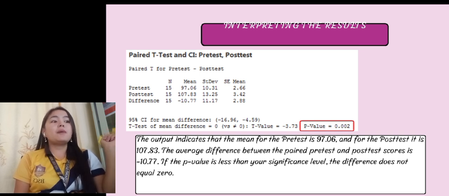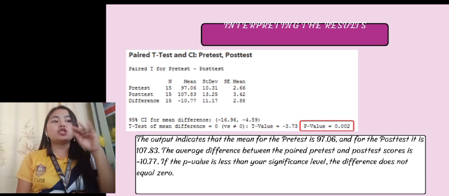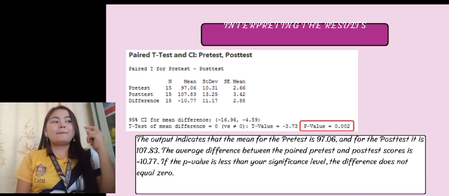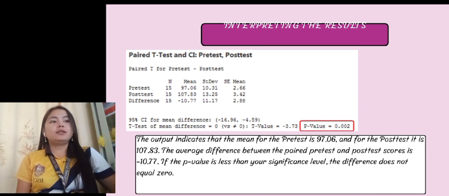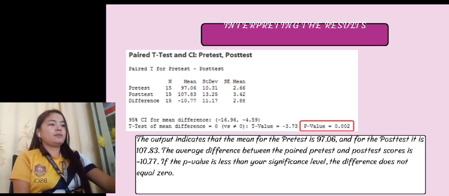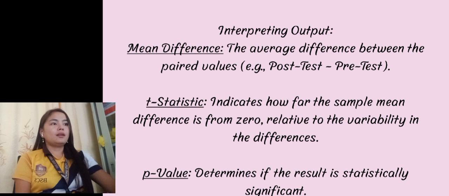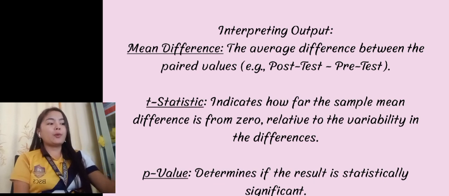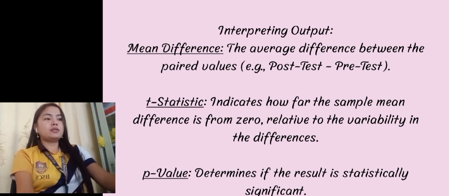Then if the p-value is less than your significance level, the difference does not equal 0. So we will interpret the output with more explanation for more understanding.